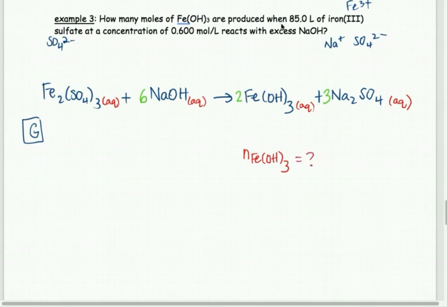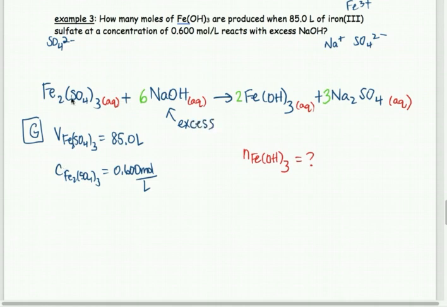So we need to find the amount when we know the 85 liters of iron 3 sulfate, okay, so we're already in liters, so that's good. We don't have to convert that. And at a concentration of, and with an excess, so this is excess, okay?